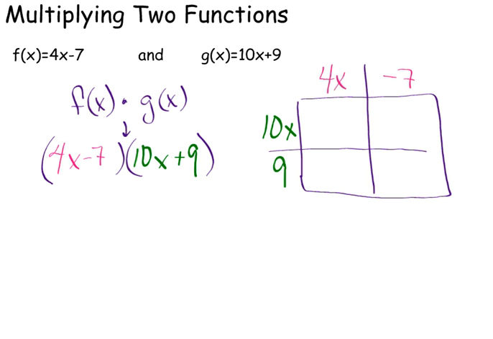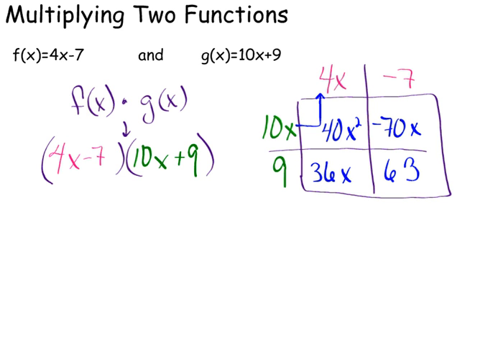Now I'm going to actually do multiplication. 10 times 4 is 40, and I have x squared. 10x times negative 7 is negative 70x. 9 times 4x is 36x. And 9 times 7, let's see, that is 63.